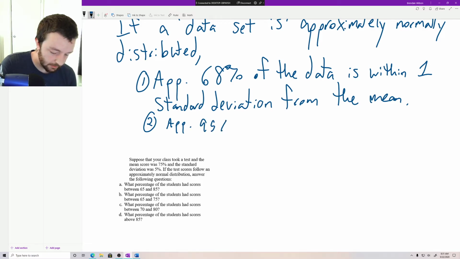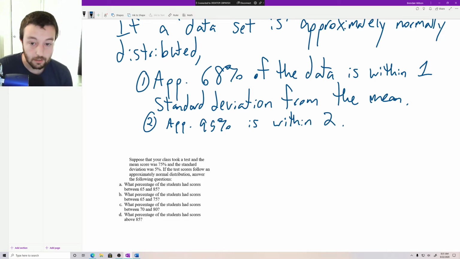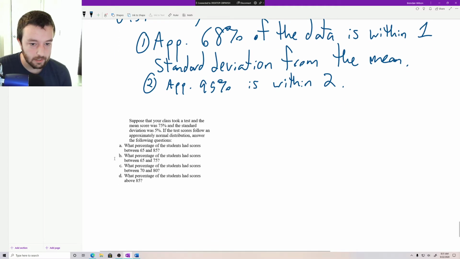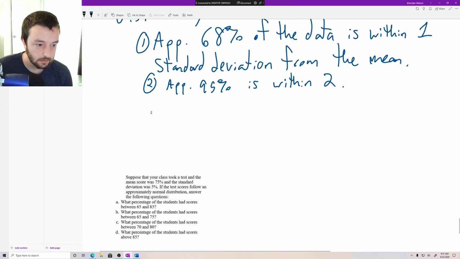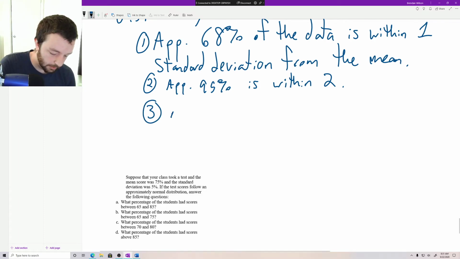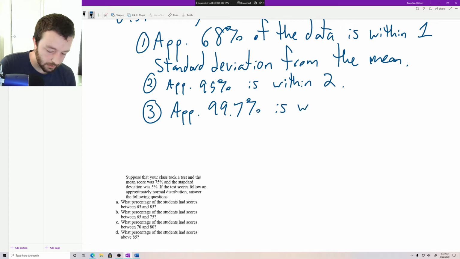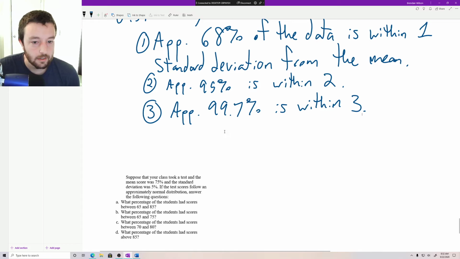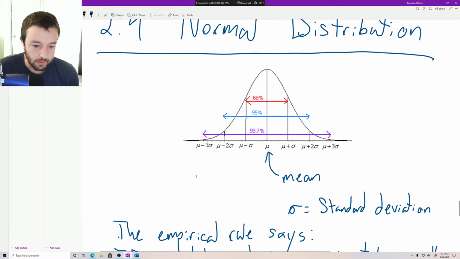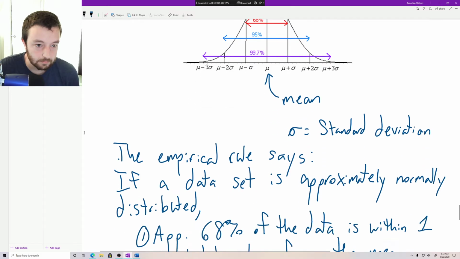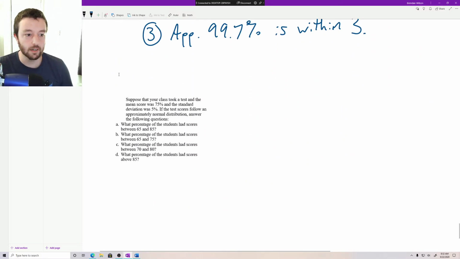Approximately 95% is within 2. So I'll just write that. So approximately 95% is within 2 standard deviations from the mean. And approximately 99.7% is within 3. Okay. Just like the picture says right here. Okay, so let's see how this works in practice.